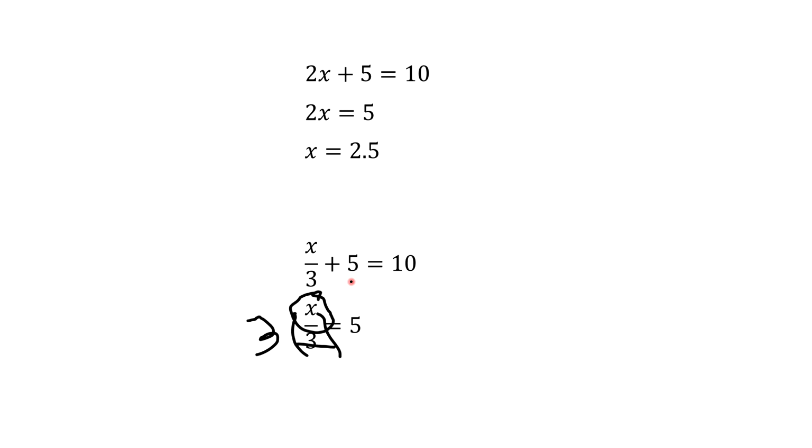Remember, last time I had plus 5, so I had to do the inverse operation, minus 5, on the other side as well. Here it's the same case. To get rid of the divide by 3, I multiply by 3, but I have to do that on this side as well. If I do that, I get x times 3 equals 5 times 3 equals 15. So x becomes 15.